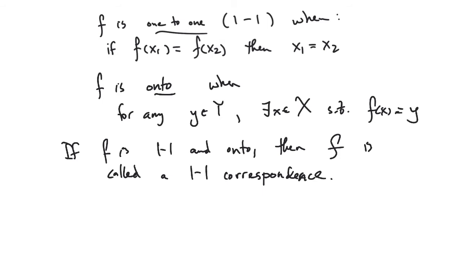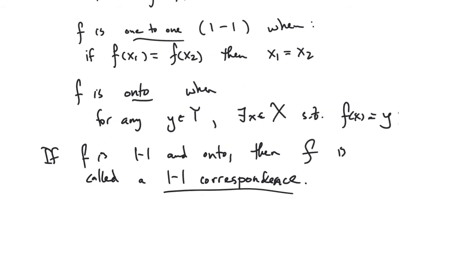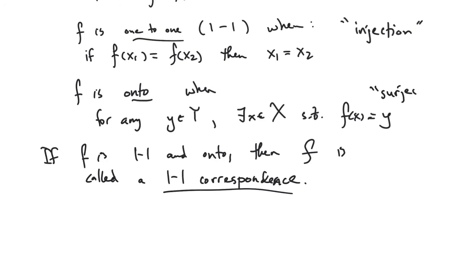Means 1 to 1 and onto. Each of these three terms has another way of saying it. So 1 to 1 is also sometimes called an injection. Onto is also called a surjection. And then 1 to 1 correspondence is called a bijection.